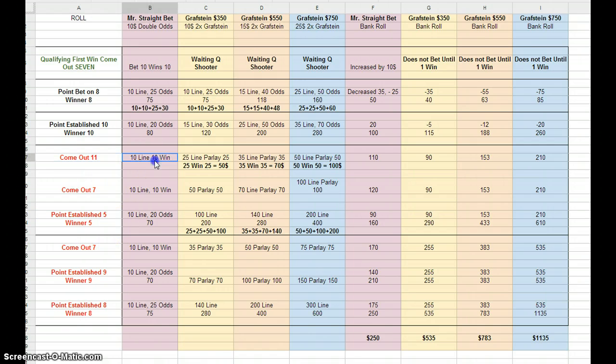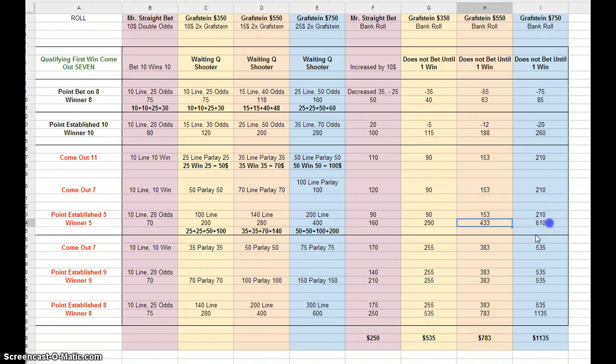So where this better would take his $10 win and then go back to his $10 line bet, our other gamblers on the Grafstein method are parlaying their bets 3 times and ending up on an initial $25 bet winning 200, or in this case a $35 bet winning 7 to 1, 280, or a $50 line bet winning 400. So again, you can see the math behind that and the parlay play, and how that impacts total bankroll.